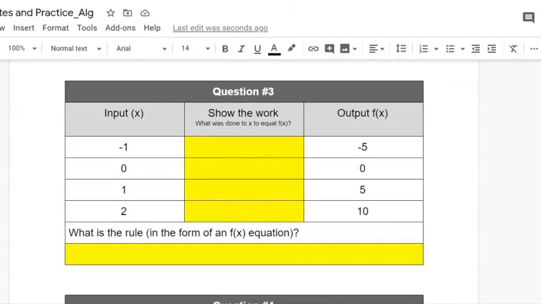Let's move on to question 3 now. I'm going to do something similar with question 3. Now, I have a negative 1 to a negative 5, a 0 to a 0, a 1 to a 5, and a 2 to a 10. I have very few ideas. So we have 1 to a 5. I'm going to start again, totally random, at 1 to a 5.